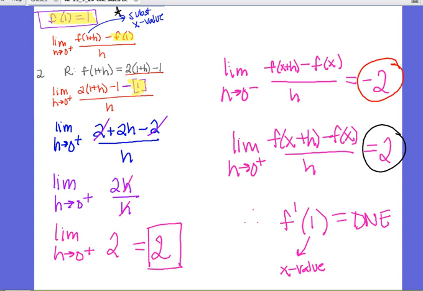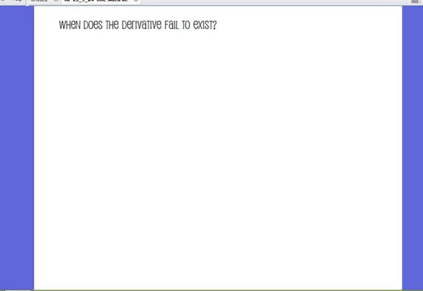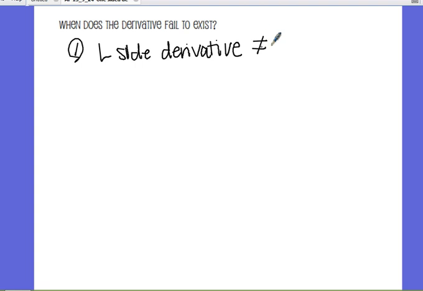So what I said to you was that I wanted to do an absolute value example. So here we go. When does the derivative fail to exist? Well, just like we said, to start off, when the left side derivative does not equal the right side derivative.